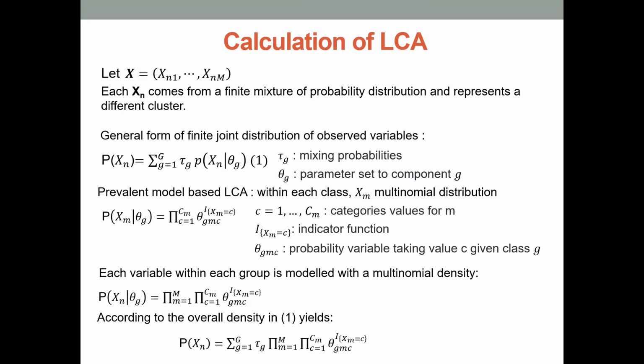If you have a variable and this variable has the category man, it will be 1, and it will be taken into account in this product. Then you can translate it, and you have the overall densities, the last line, of the probability of each patient to be in the different groups.